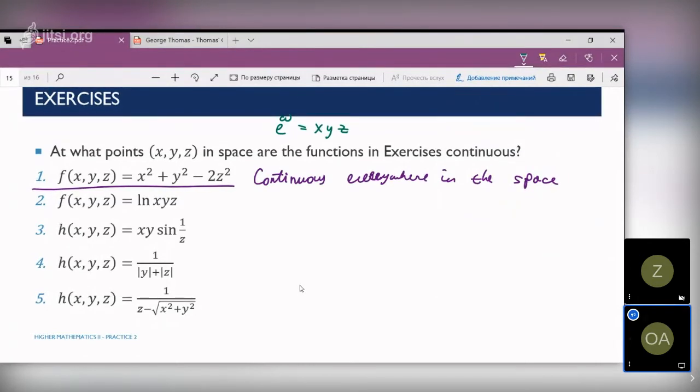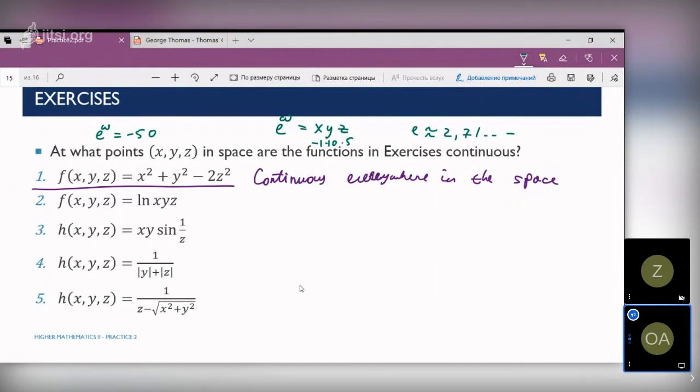So e is a positive number, approximately equal to 2.71 and so on. Let me say xyz is -5. So e to the omega equals -5. Do you agree with this?